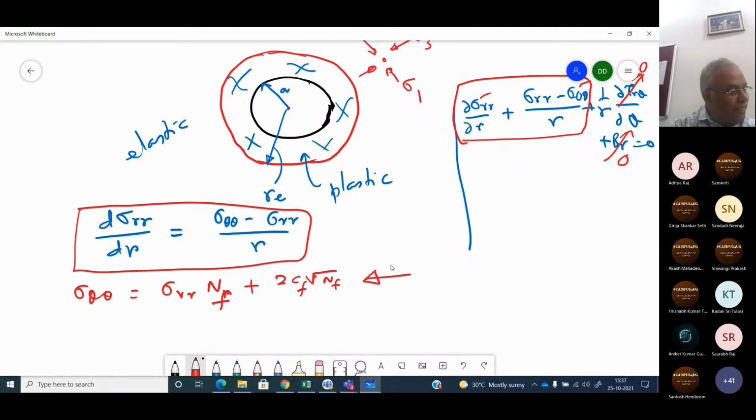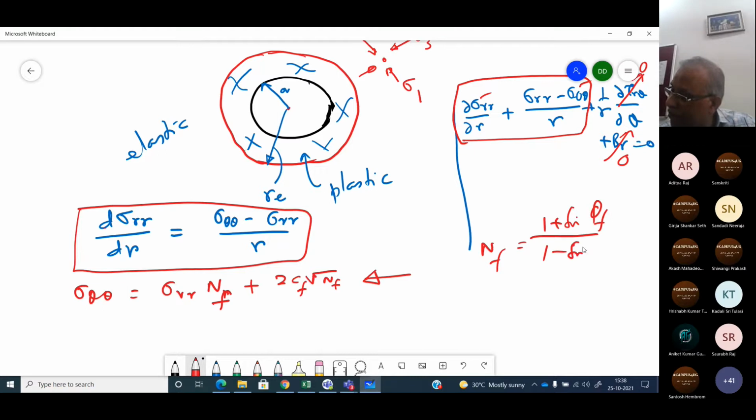Now, what is NF and NR? There will be an NR also. Now, this NF is nothing but the same equation, 1 plus sine phi f over 1 minus sine phi f. Now, this F here represents the failed zone, meaning the plastic zone.